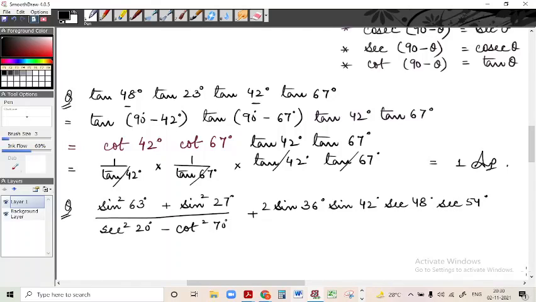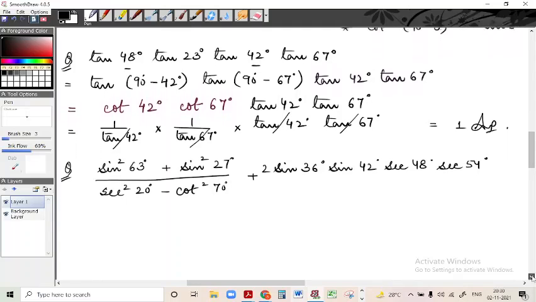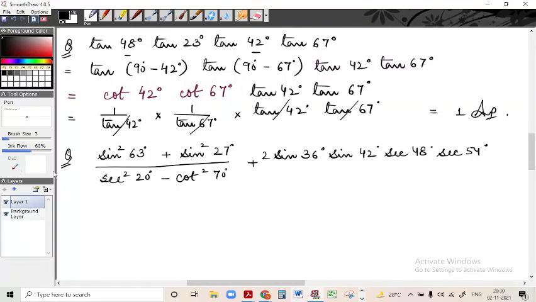Okay, before we do these questions, let me tell you three very important trigo identities.